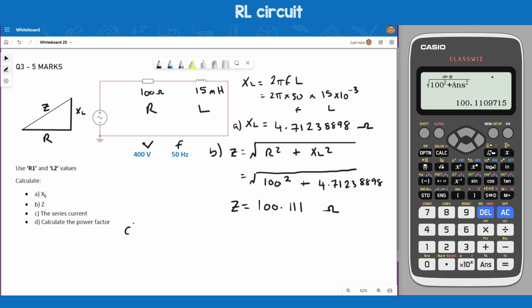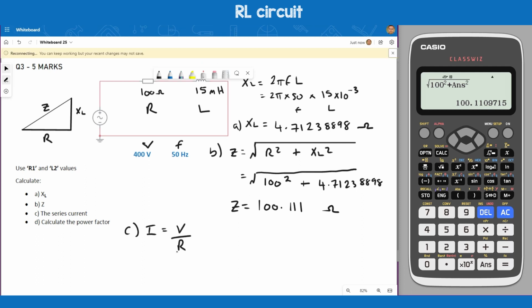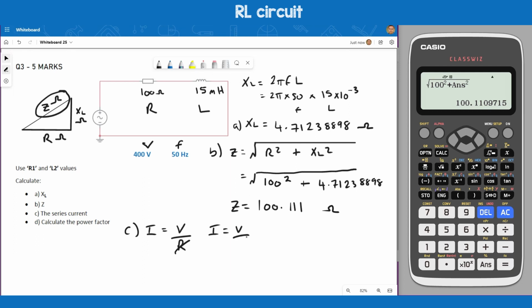Now we can do part C. The current is equal to the voltage, and instead of resistance for Ohm's law, we have to use the overall amount of ohms, because resistance is ohms, reactance is ohms, but we have to use the total amount of ohms, which is the impedance. So current is voltage divided by impedance.